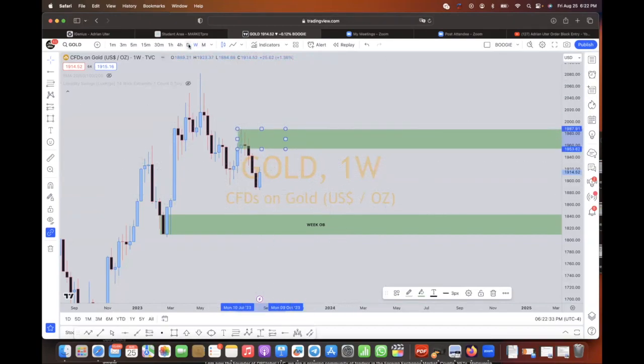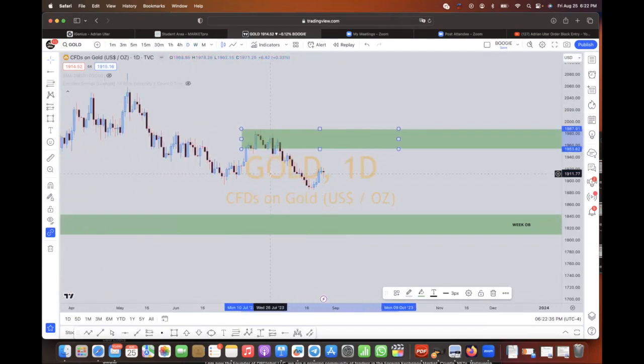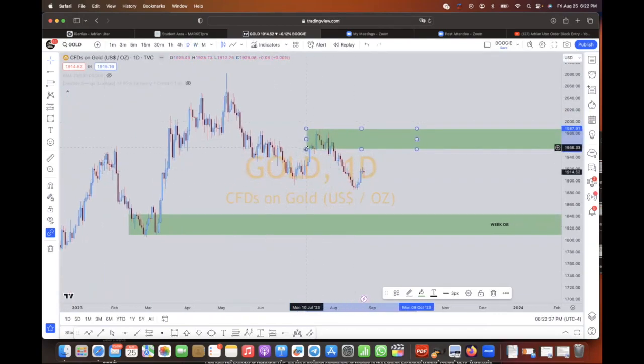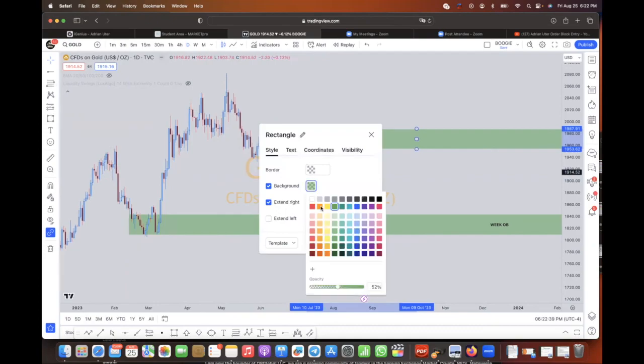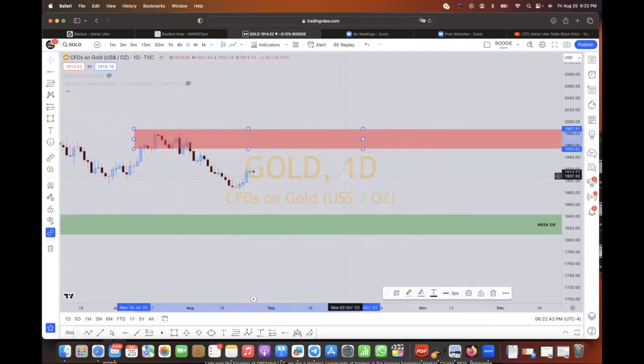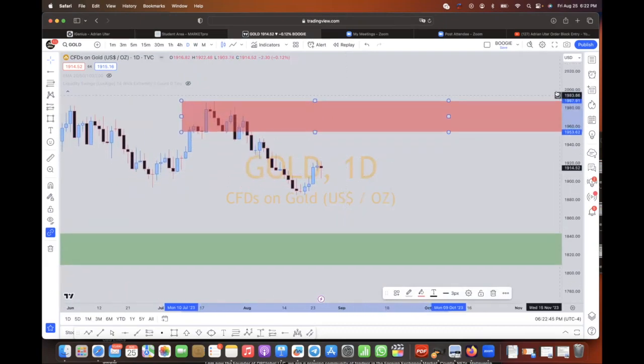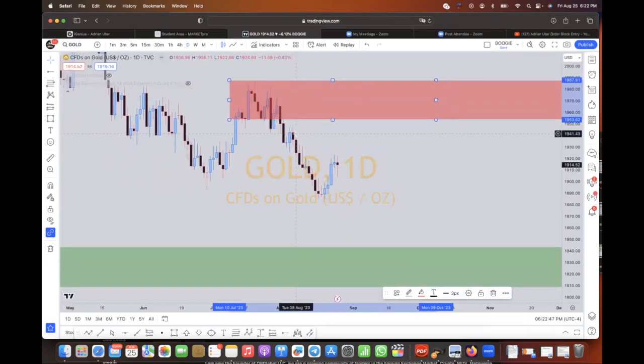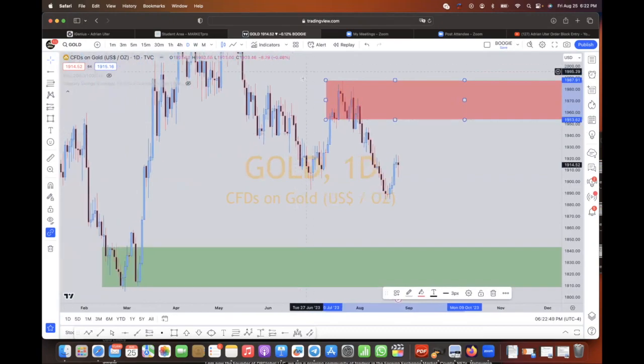Boom. Let's go to our day. I'm only marking up these 2 zones real quick. So what we're doing right now, we're making our order block zone smaller. We went from our week to our day.